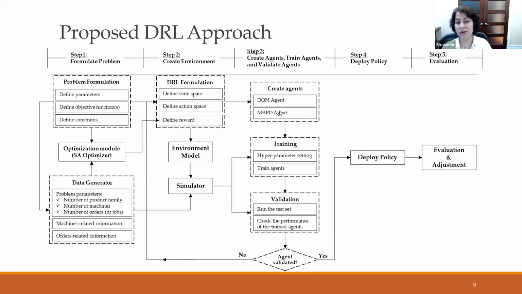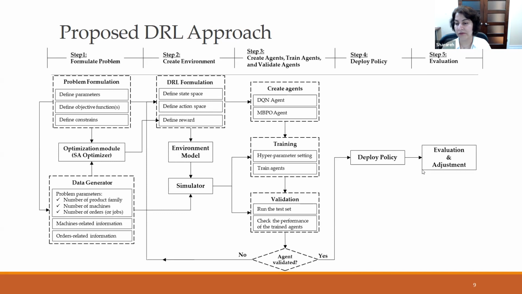Here is the general structure of our methodology. It consists of 5 steps. Step one is formulating the problem, and step 2 is creating the environment. Step 3 is creating, training, and validating the agent, then deploying the policy, and then evaluation, which is an iterative procedure.